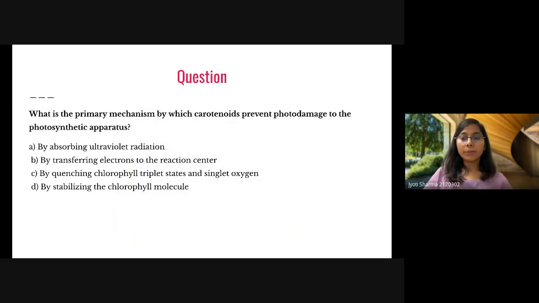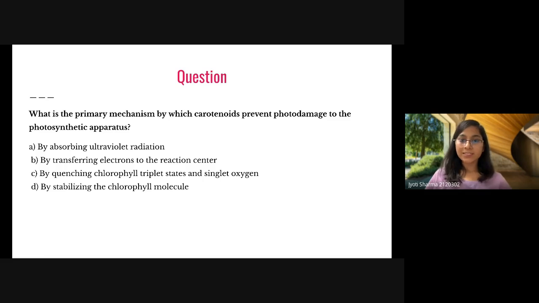Okay, so based on that only, we have another question, and that question is, what is the primary mechanism by which carotenoid prevents photo damage to the photosynthetic apparatus? So we have learned that carotenoids will prevent the chlorophyll from photooxidative damage. But what is that process?